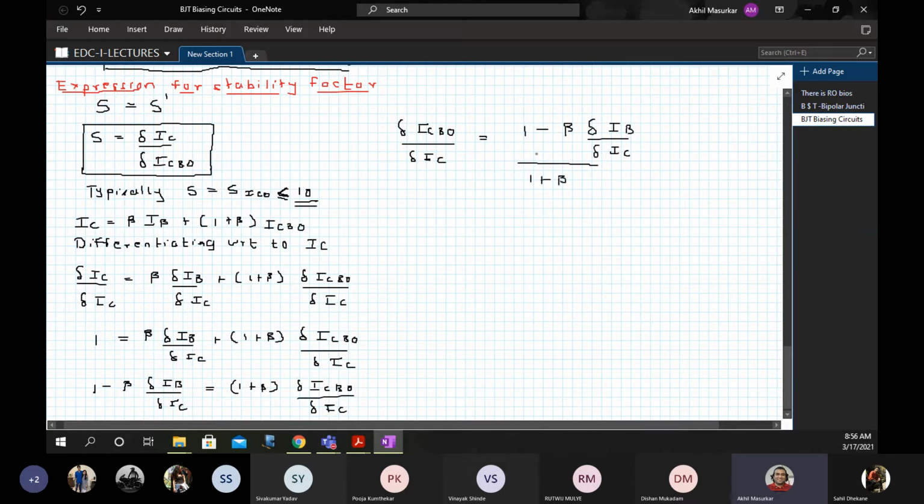So what is delta IC upon delta ICBO? It is the stability factor only. So S is equal to 1 minus beta into delta IB upon delta IC, upon 1 plus beta.